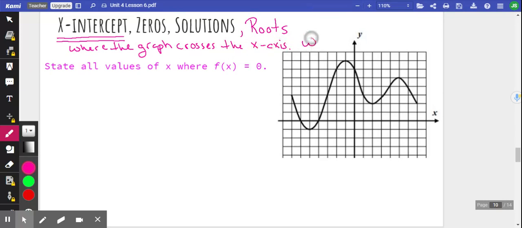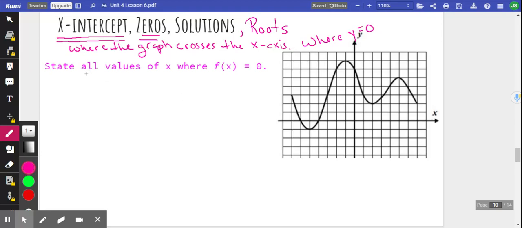It's where y is equal to 0. Okay, that's where that name zeros comes in. So we're going to see solutions and roots a little bit later on this year. For right now, probably x-intercepts and zeros will be the most common.